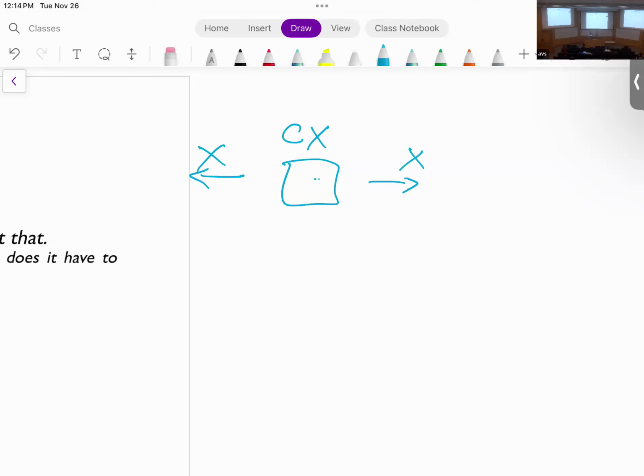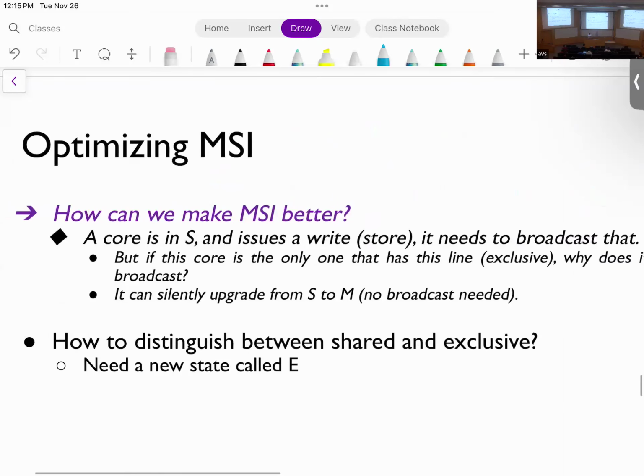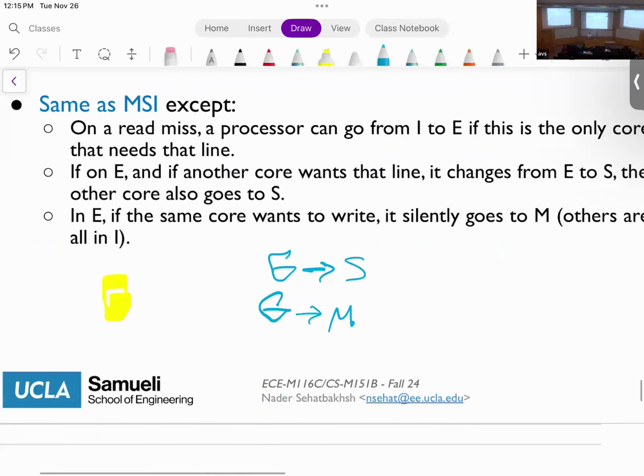In that case, essentially any read and write will go to basically I, E, and M, really, because there's no sharing between them. So that's very nice and helpful in most cases, because if you're the only one who has access to this data, why would you broadcast it to someone else, right? So that's why E is quite popular, and it's a very important state in your cache, okay?